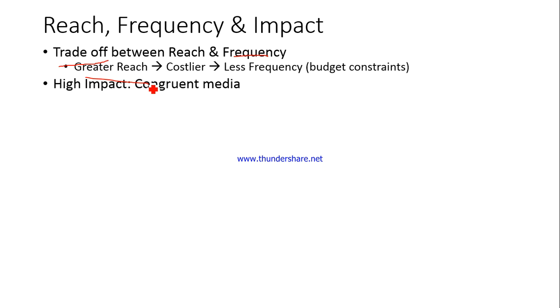On the other hand, if there is, let's say, a popular music app, then probably the ad is more likely to be shown on channels like Colors or MTV, right? So that is what we mean by going for congruent media to increase your level of impact, to increase your effectiveness.